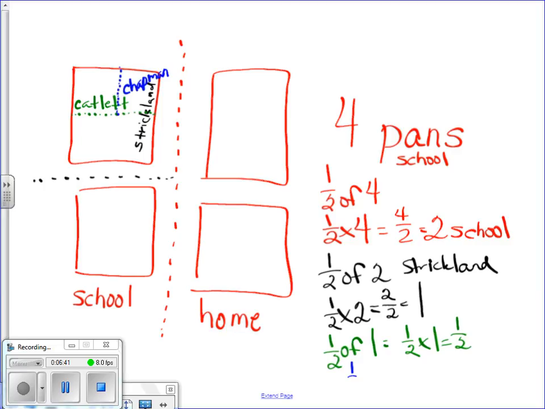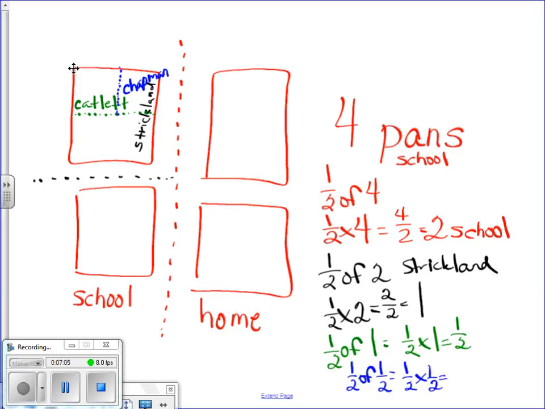So we have this half of 1/2. So we have 1/2 of 1/2. 1/2 times 1/2.